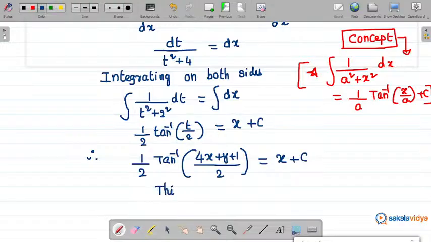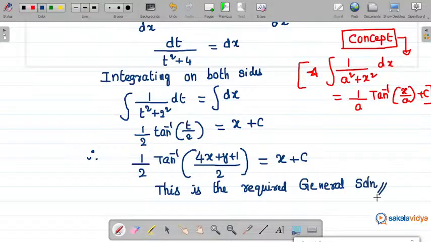This is the required general solution. I hope it's very clear to you.